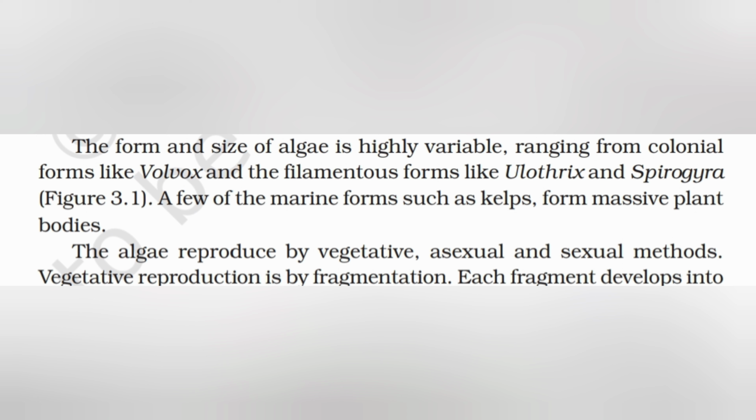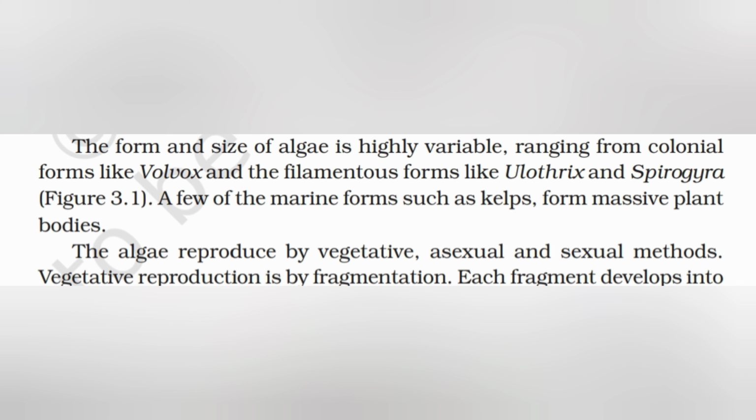The form and size of algae is highly variable, ranging from colonial forms like Volvox to filamentous forms like Ulothrix and Spirogyra. A few marine forms such as kelps form massive plant bodies.